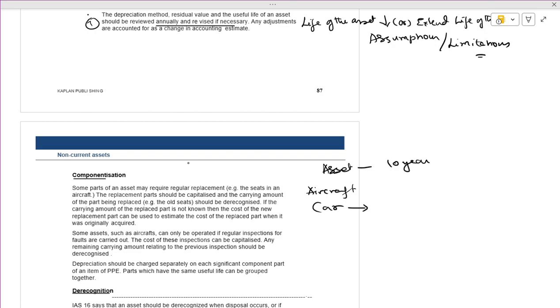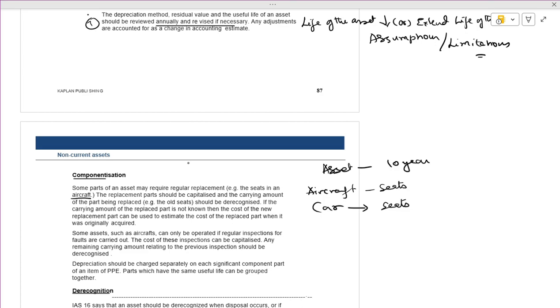Now, they say that some parts of an asset may require regular replacement. Seats in the aircraft. If you take a car also, car seats. After 2-3 years, we want to replace the seat covers.